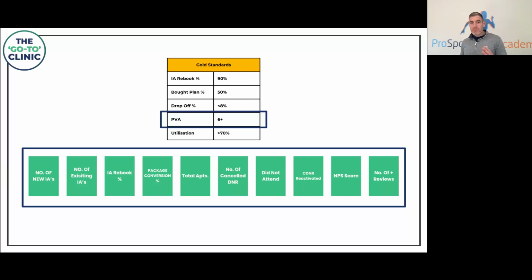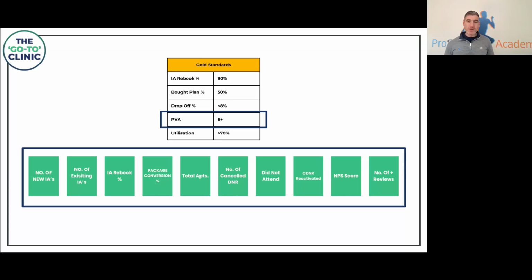Now, again, our standard here for a run-of-the-mill private practice is that the patient visit average wants to be about 6+. If you're a clinic that specializes in ACL rehab and that patient is with you for 6 months, then your patient visit average is going to be very different, okay? And it's probably going to need to be looked at outside of the 3-month window.